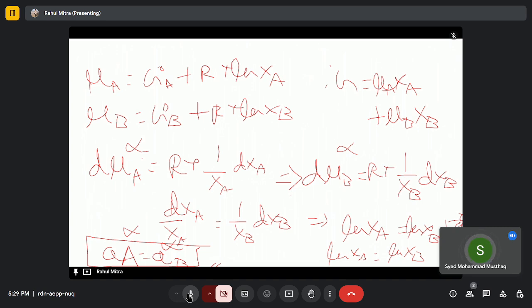Sorry, it shouldn't be, yeah, it should be for beta phase, right? Sorry, it should be for beta phase. Chemical potential of A. Yeah, so d mu A here, it should be right.